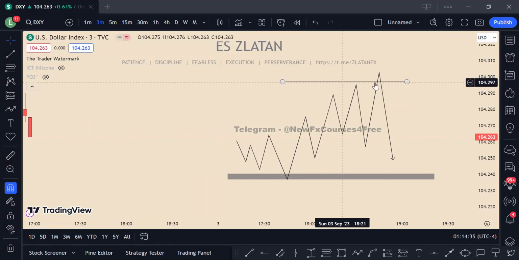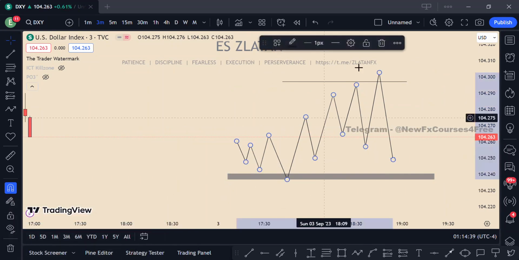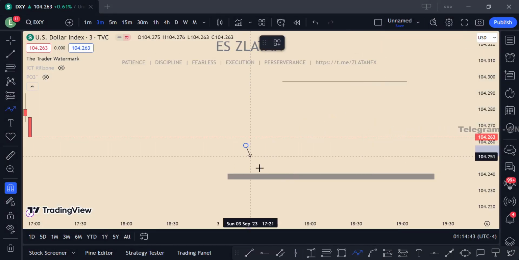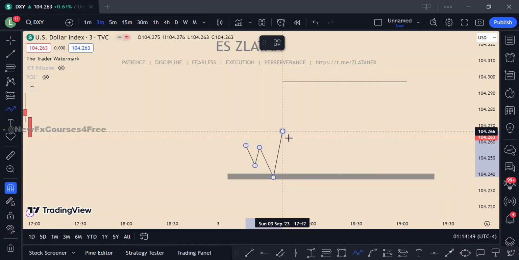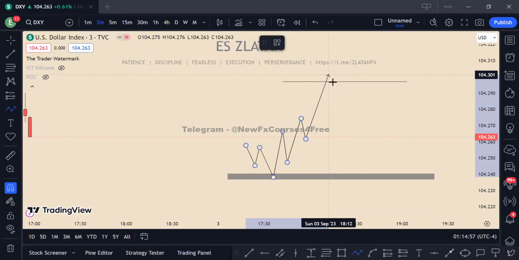If my next target is this line, now this is the idea, right? I wait, and when the market takes them out, and boom, retracement, I wait. Now the next level is this guy right here, right?